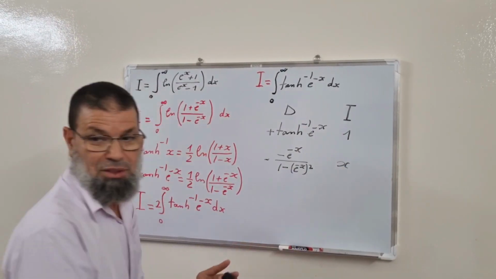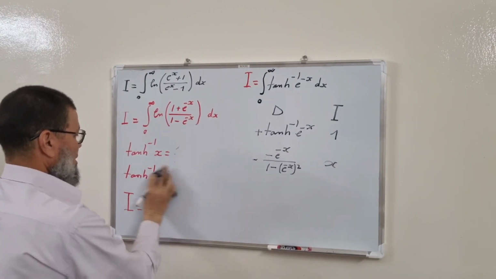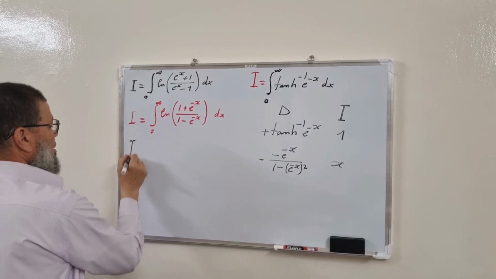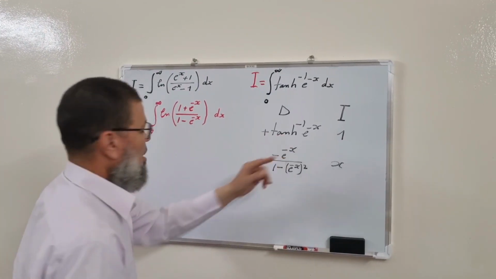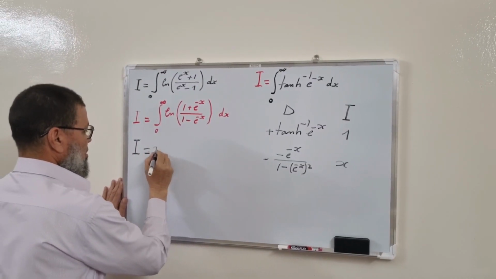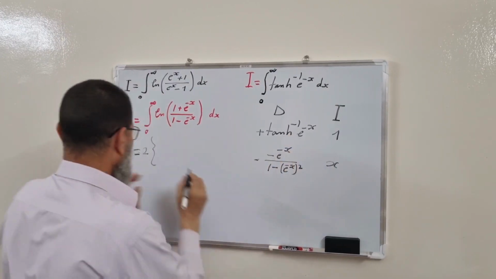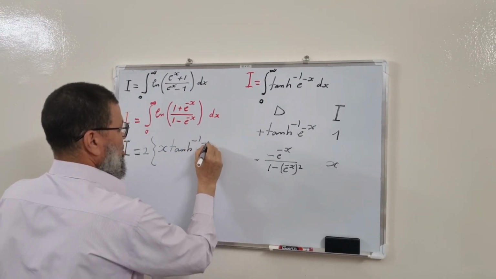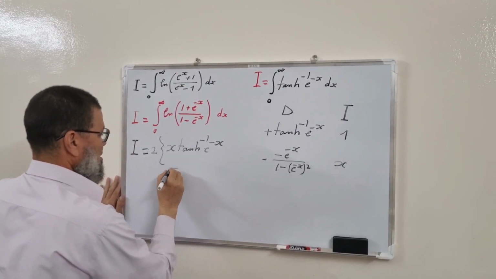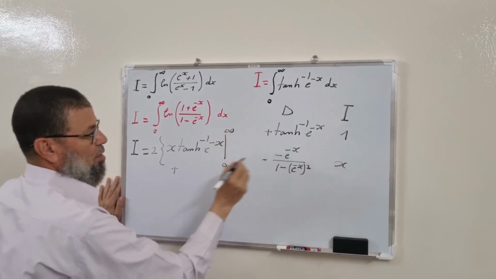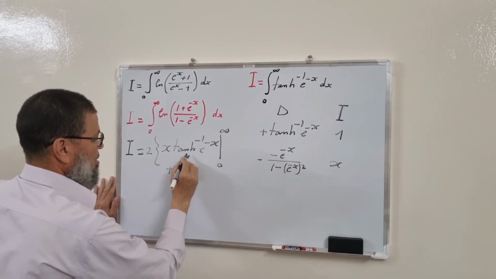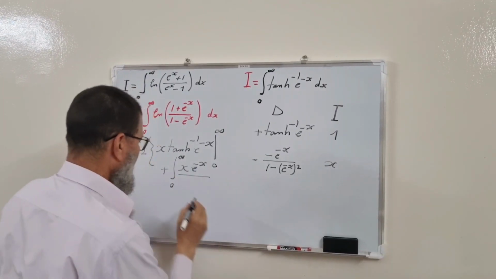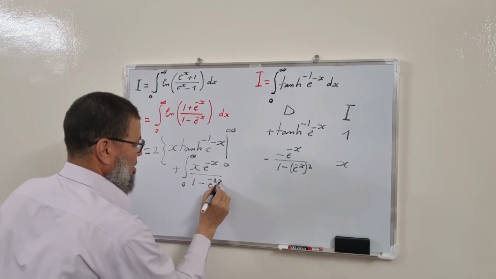So the integral will be I equal to x multiplied by the inverse hyperbolic tangent of e^(−x), evaluated from 0 to infinity, plus the integral from 0 to infinity of x e^(−x) divided by (1 plus e^(−2x)) dx.